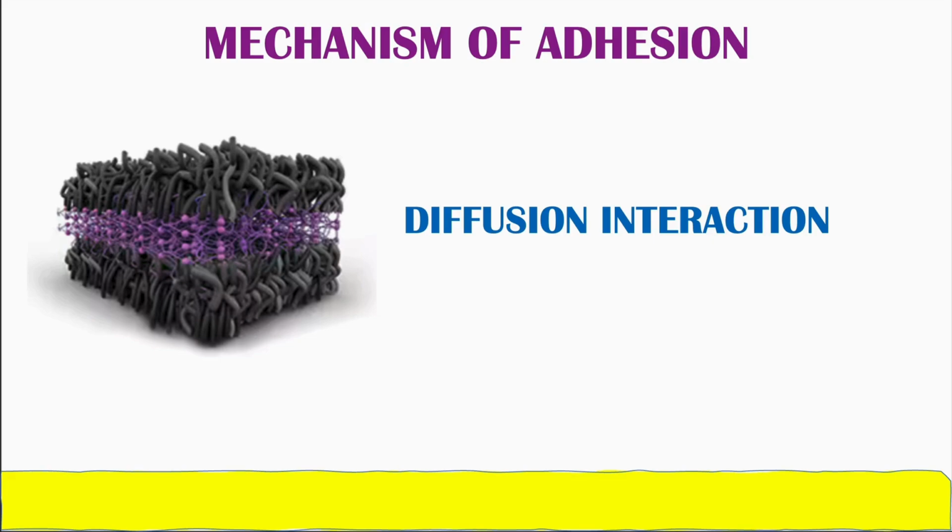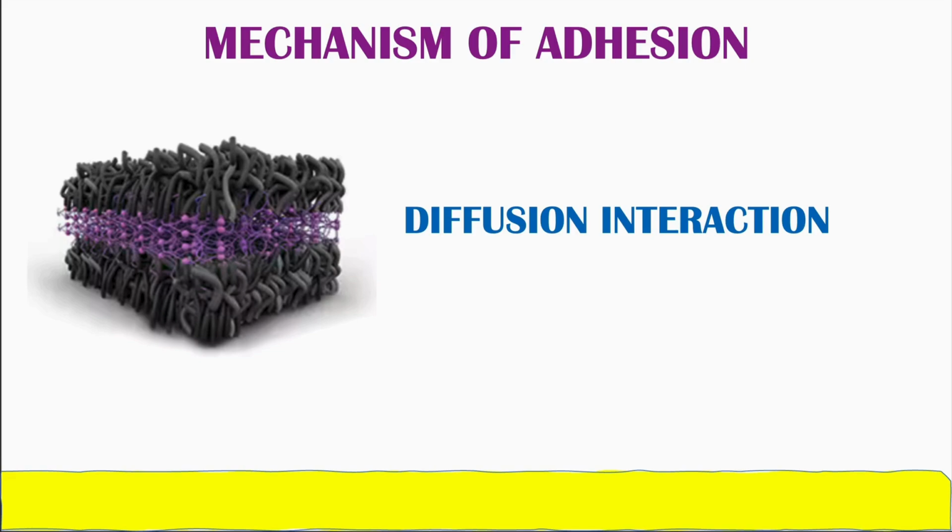One is wetting, which is followed by interdiffusion of the chain segments across the interface to establish an entangled network of molecules. So for the diffusion to occur, the adherent and the adhesive must both be chemically compatible, which means that the materials must be mutually soluble and the diffusing molecules should be mobile.